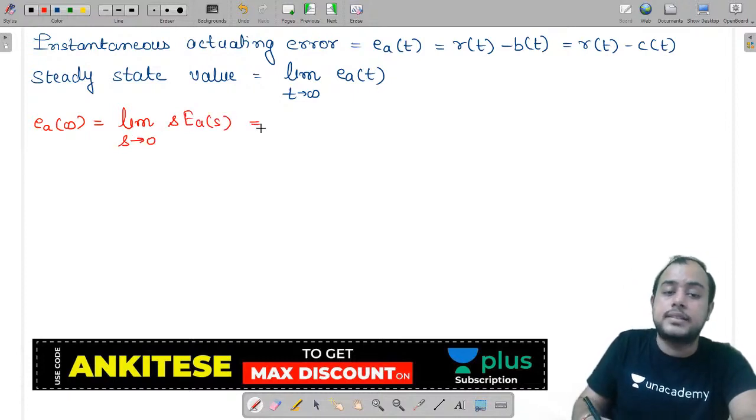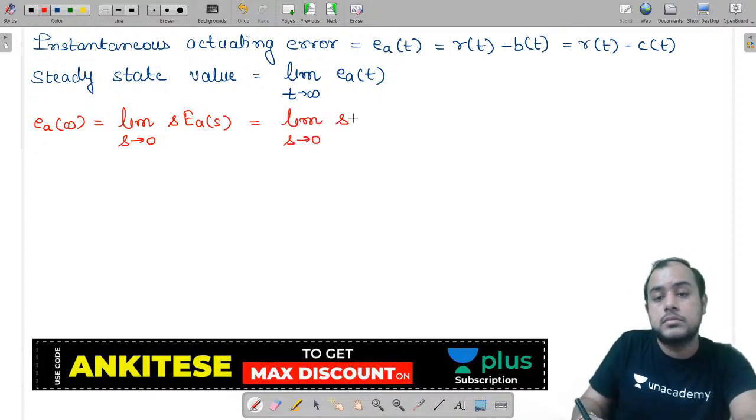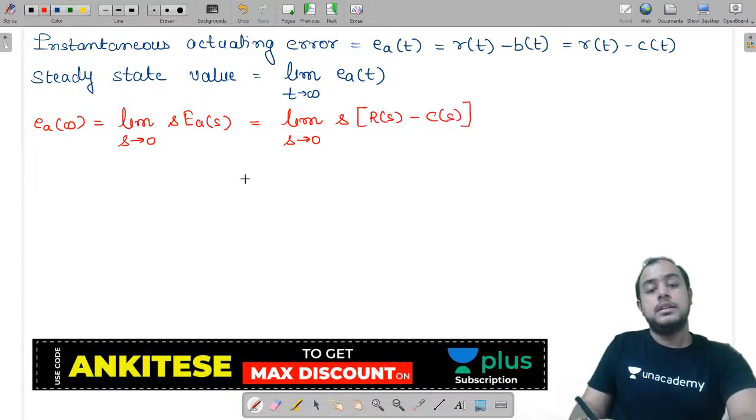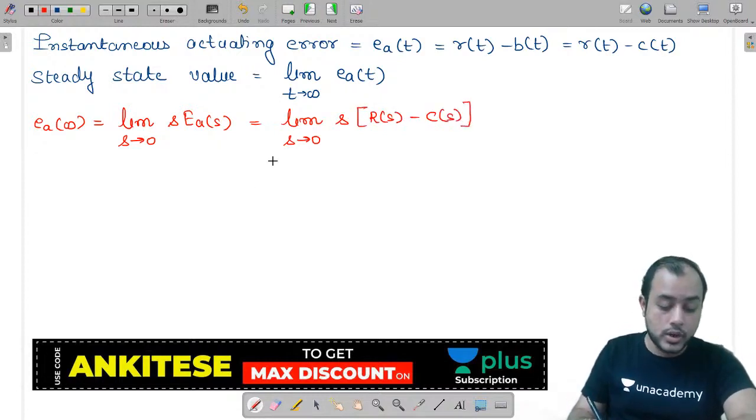What is the Laplace transform of actuating error? This one, okay.